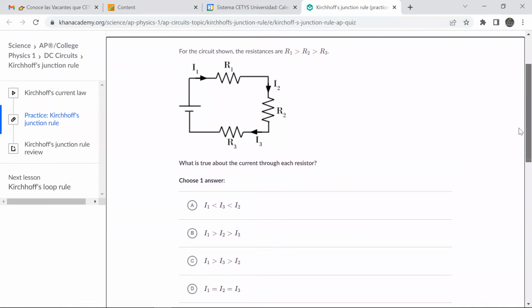We're going to go through each of them. I'm going to give you literally a minute to read through it and see if you have an idea what the answer is, and then we're going to solve it.